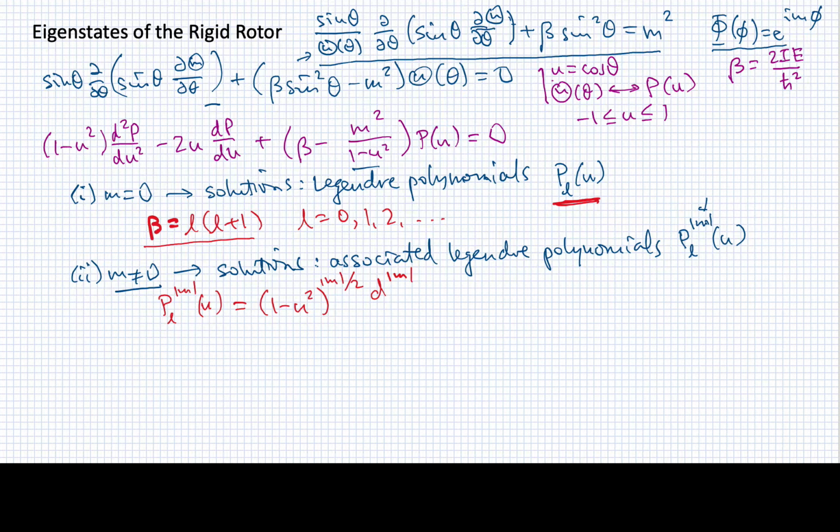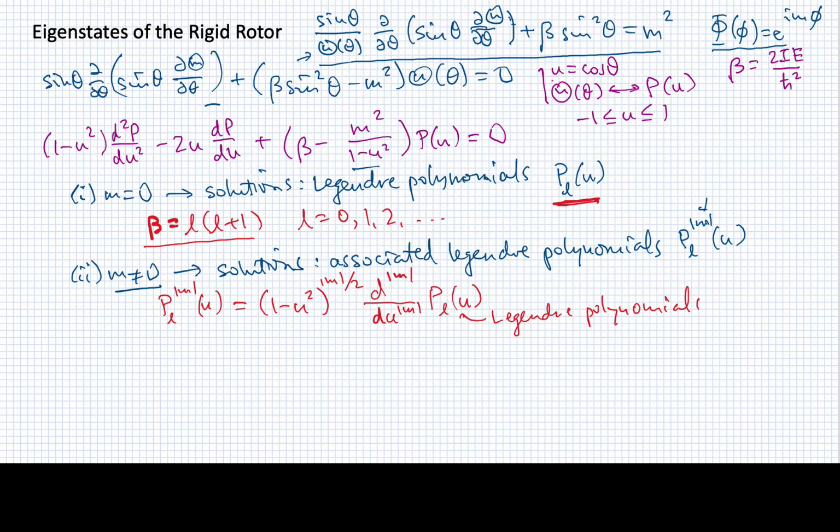Now I keep putting m in absolute value signs because m can be negative, but you can't take a derivative of a negative power of a derivative, so that's why I'm keeping the absolute m's here. But if m were minus 2, then this would be a second derivative. All right, and it's a derivative of the regular Legendre polynomials. Okay, so this is basically giving us a formula for how we find the answers when m is not equal to 0.